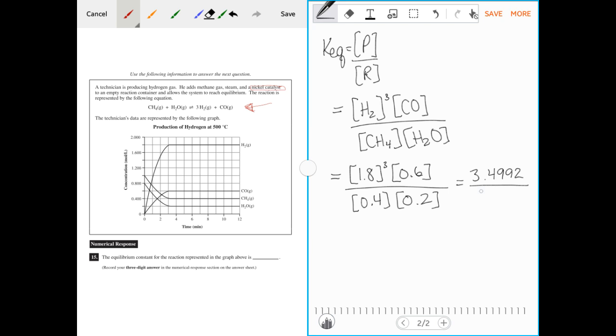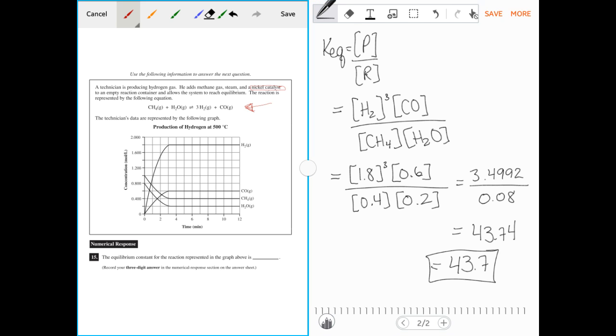Okay, and I'm going to divide that by 0.08 because that is 0.4 times 0.2. And when I simplify that even further, I get a value of 43.74. Now, I have to look at what the question is asking me. It says record your 3-digit answer, which means that I will record 43.7 in my numerical response answer sheet on my diploma. So 43.7.